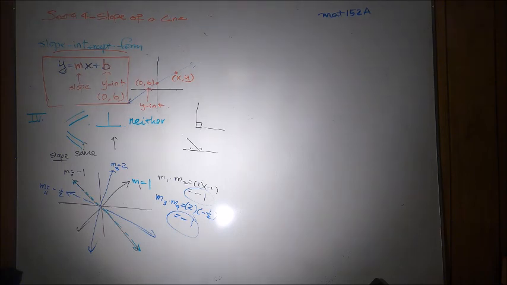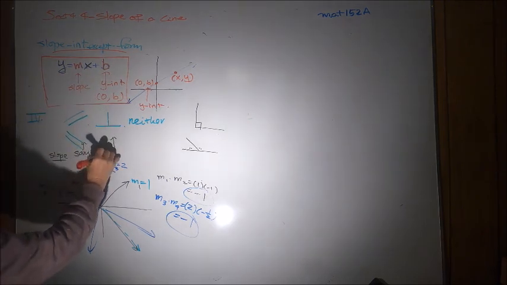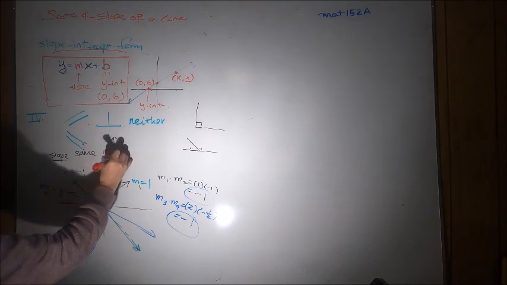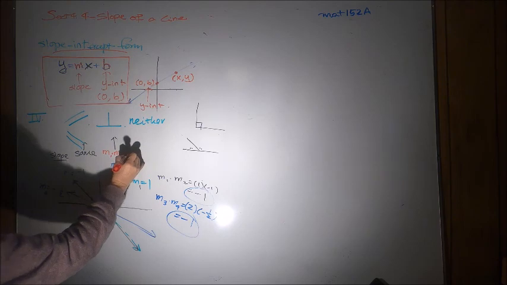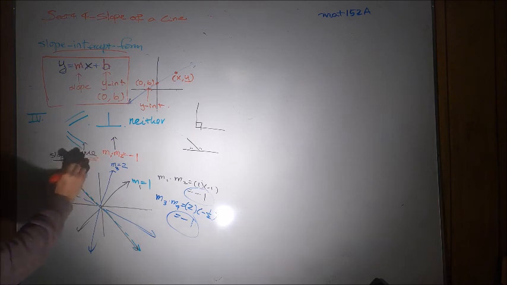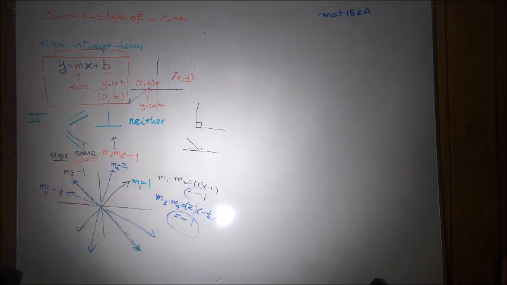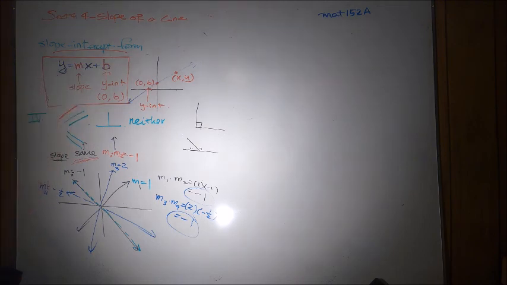Okay, so if two lines are perpendicular, it means what? When you multiply these two slopes, the result will be -1. If they are the same, it means they are parallel, or they are overlapping each other, right?